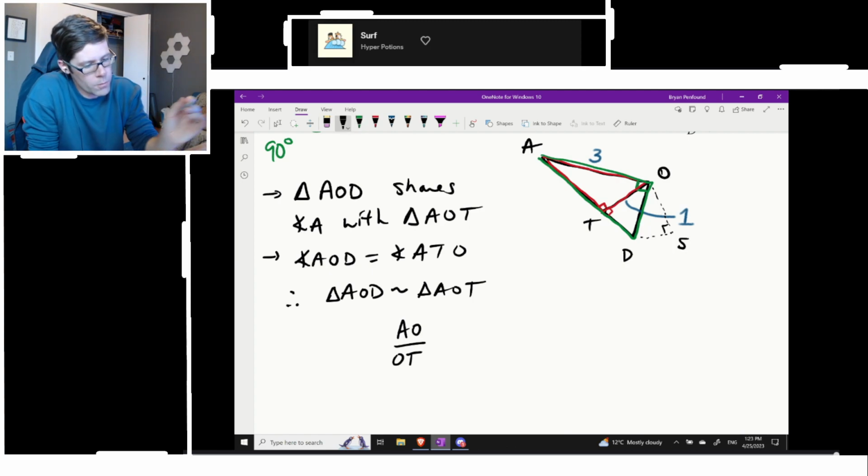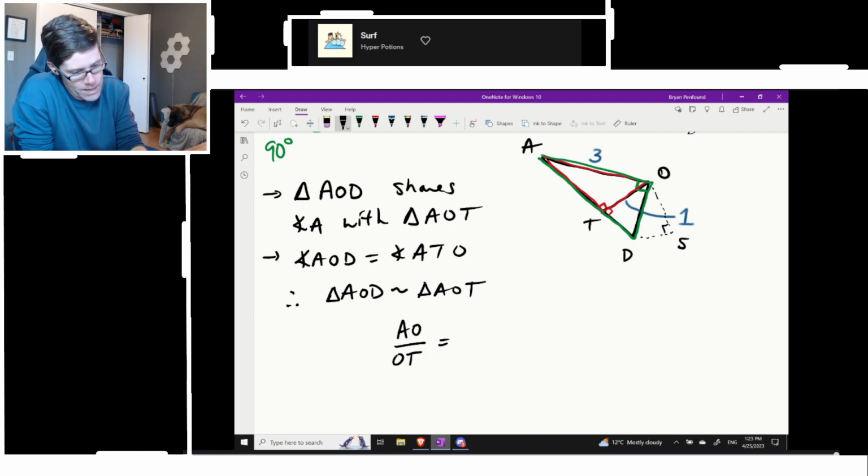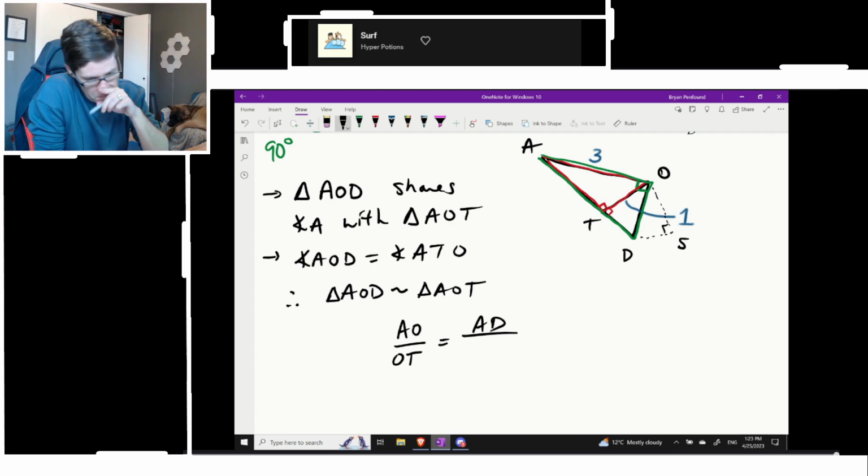Okay, yeah, I think we can do this. So AO compared to OT, or AO over OT, that should be 3 over 1. This should be in proportion to AD, so AD over, I need the hypotenuse over the smaller side length. Make sure I get the right leg. Is this going to be OD?